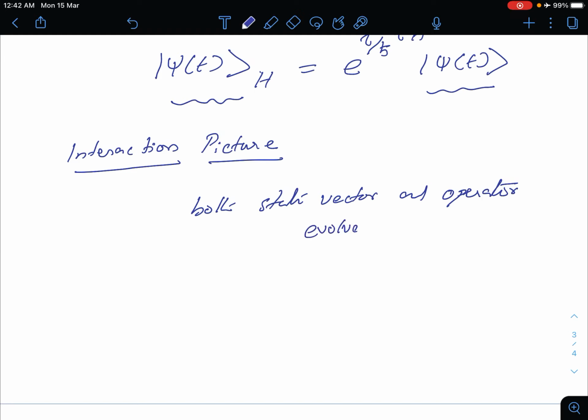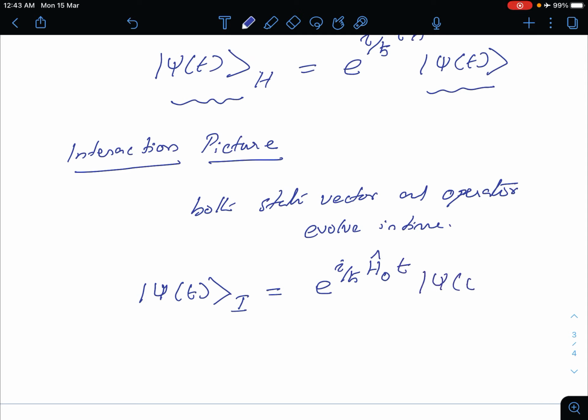Now the wave function in the interaction picture is e raised to i by h cross h0 t, times psi of t, which is the Schrodinger state.